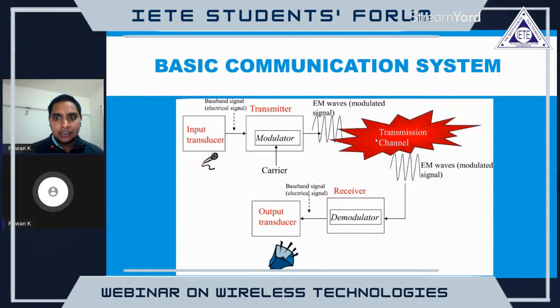And how does the interference come into the picture? If any of you try to make a call to me and I'm sitting in my room, the signal I receive from the network may reach me directly, or through some reflections or diffractions as well.